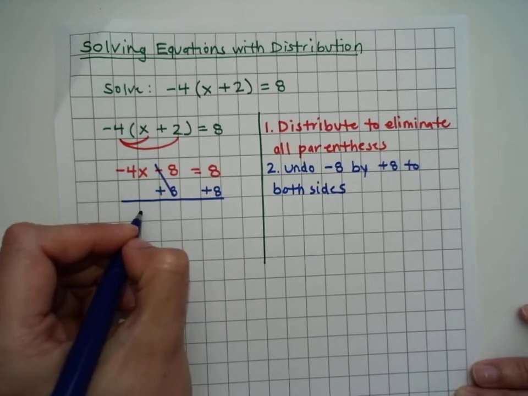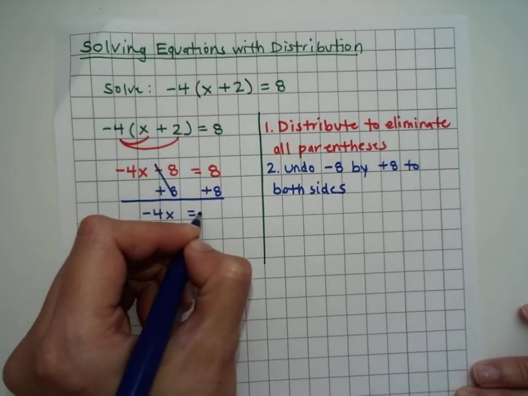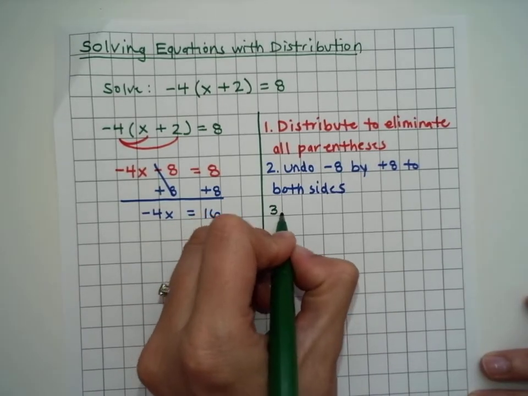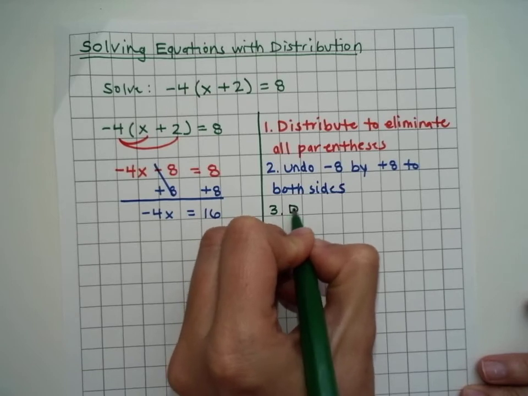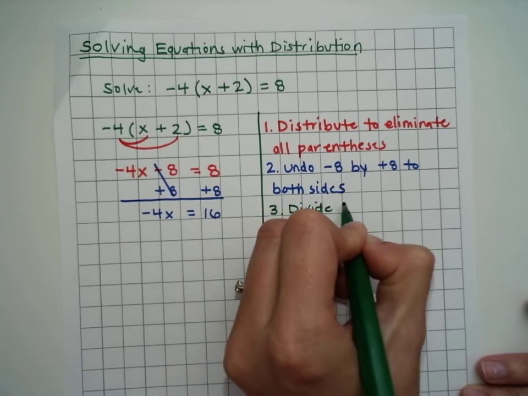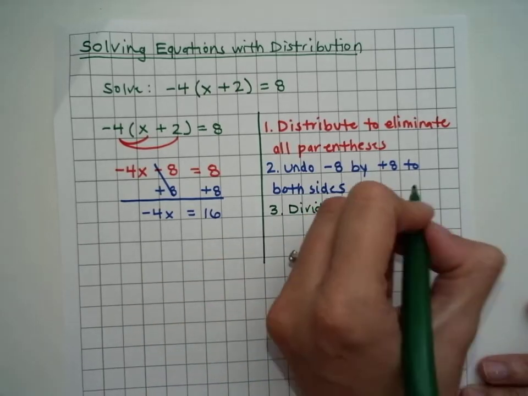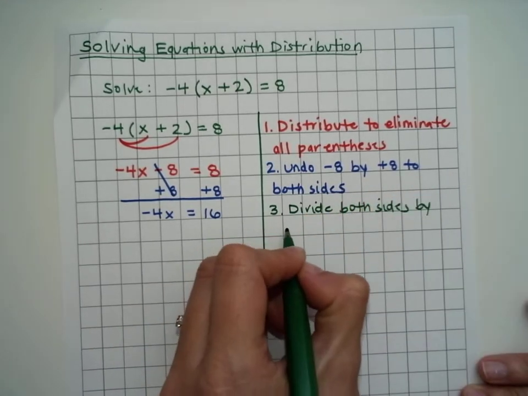Those cancel out, leaving us with -4x equals 8 plus 8, which is 16. Step 3 is we need to divide both sides by -4.